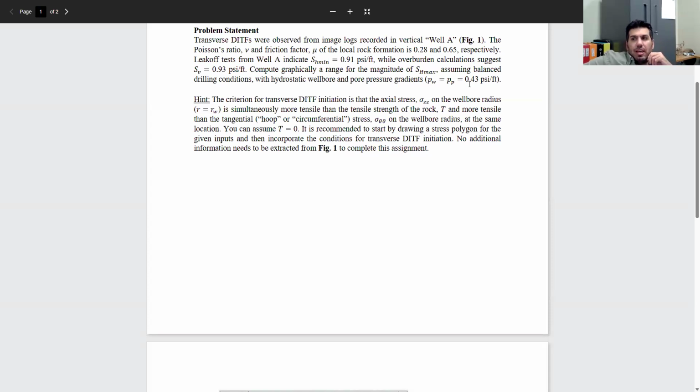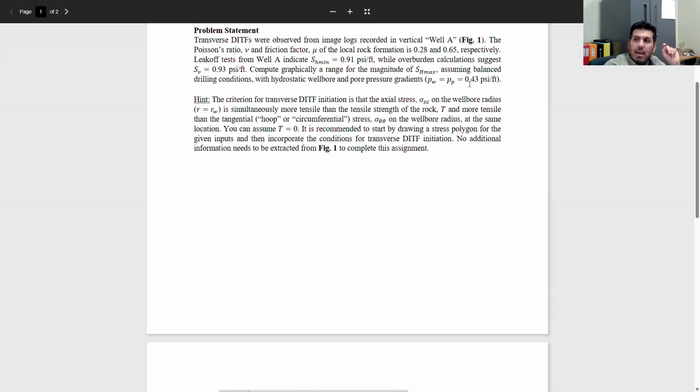You can assume T equals 0. It is recommended to start by drawing a stress polygon for the given inputs and then incorporate the conditions for transverse DITF initiation. No additional information needs to be extracted from figure 1 to complete the assignment.